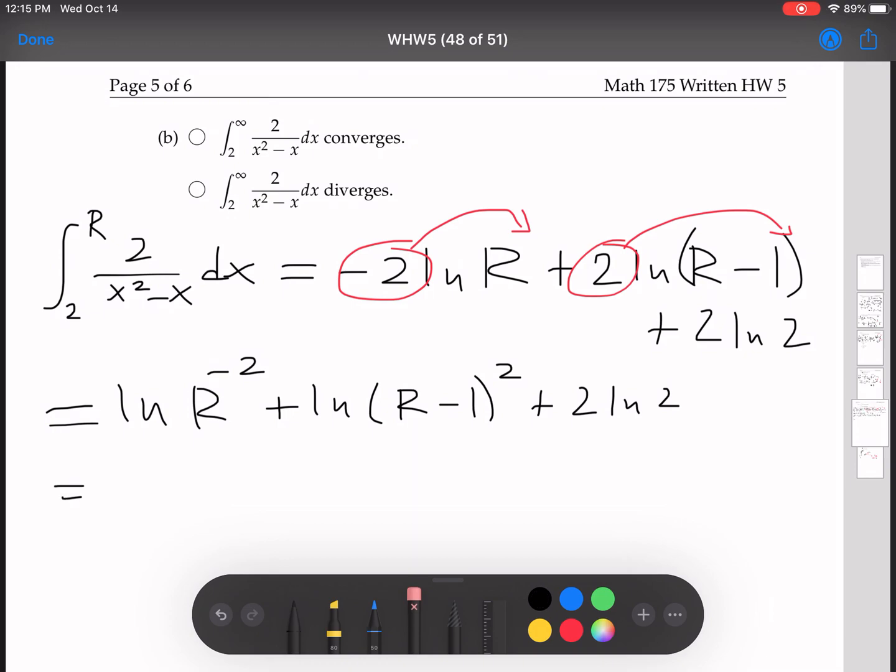Now this right here, r to the negative 2, that's 1 over r squared. So I'll write it like that, 1 over r squared.